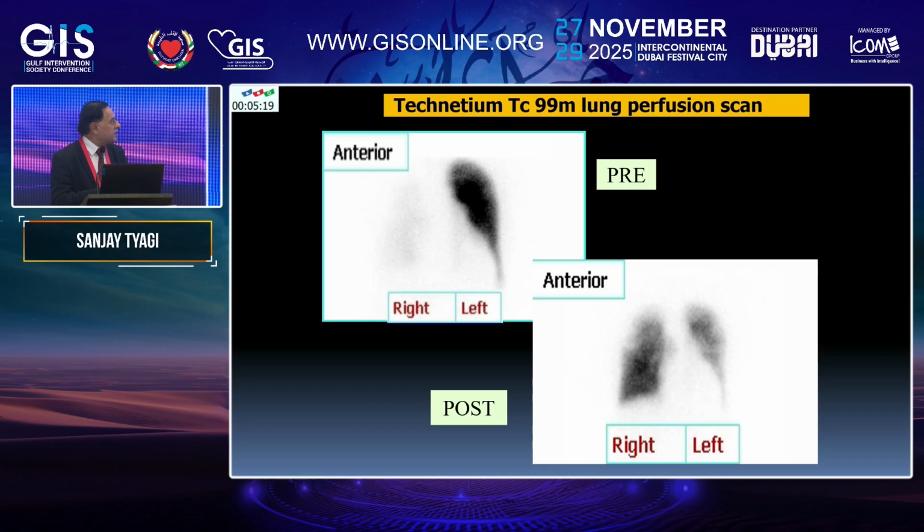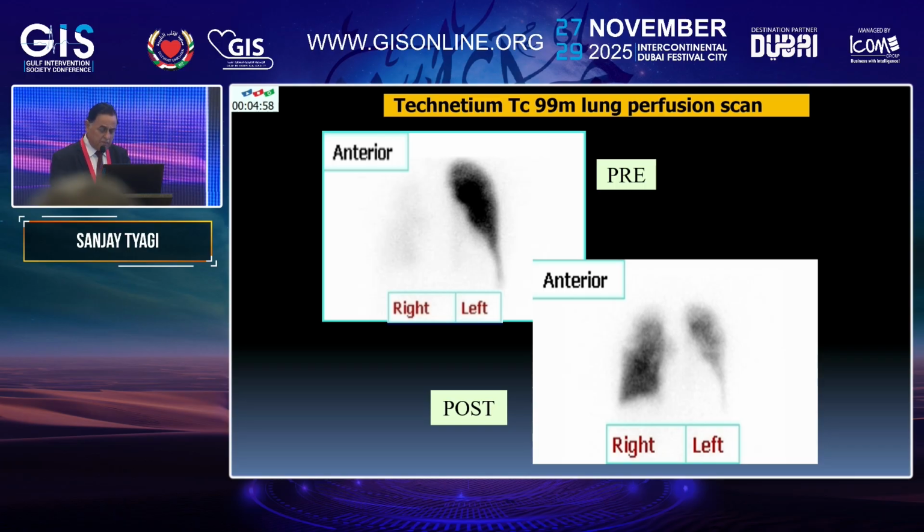Also, we did the technetium lung perfusion scan in this patient. You can see here very well, the left side is severely hypoperfused, while the right side is well perfused. And after balloon angioplasty and stenting, we did again the technetium lung perfusion scan, which showed that now the right lung is also very well perfused in this patient.